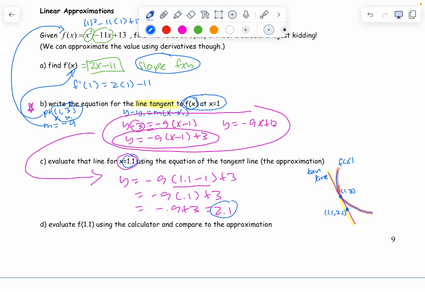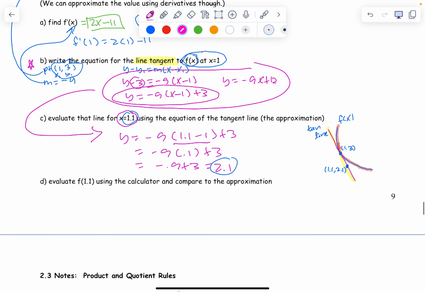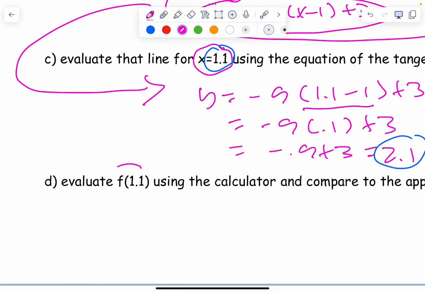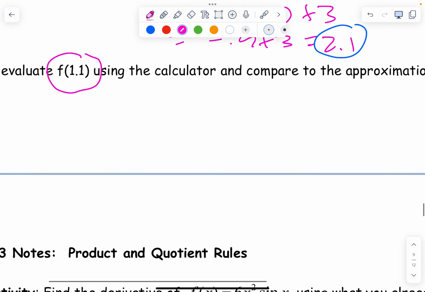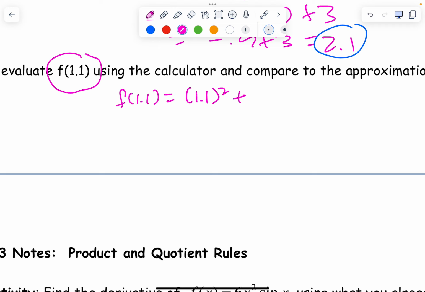Evaluate f of 1.1 using the calculator and compare to the approximation. Okay? It's asking us to go to the original graph, correct? The original graph is this right here. Let's plug it in, and I'm going to plug it in on part D. We have f of 1.1 is equal to 1.1 squared plus 11 times 1.1 plus 13.